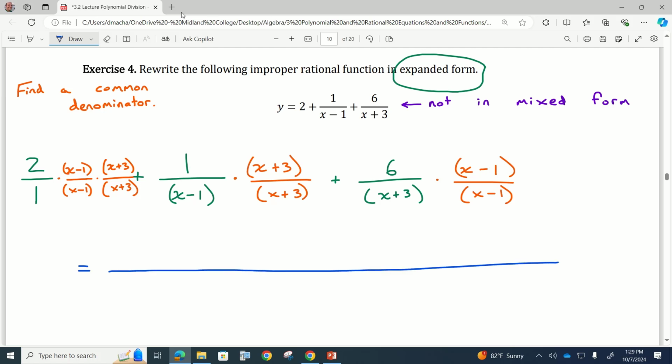And the common denominator we're going to end up with is going to be x minus 1 times x plus 3. That's x squared plus 2x plus 3.